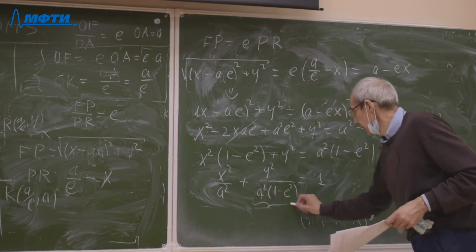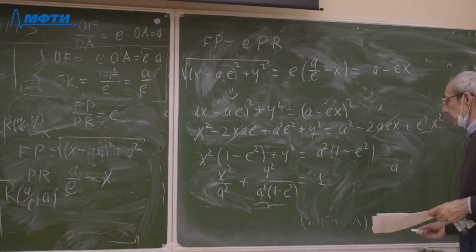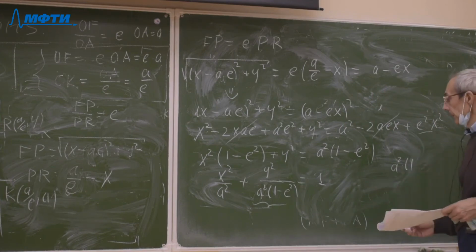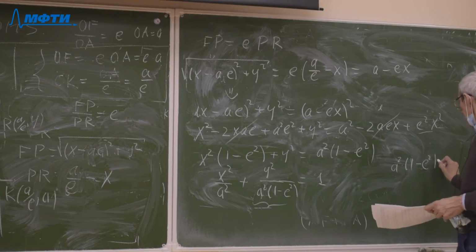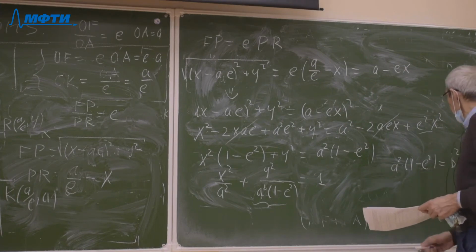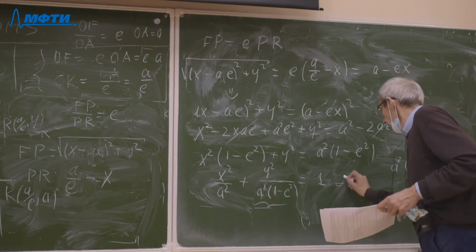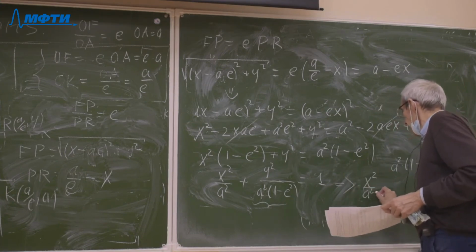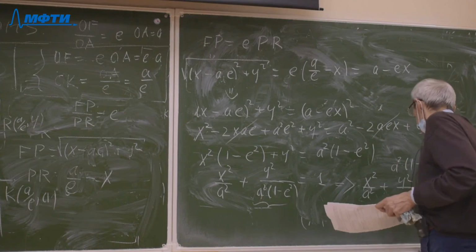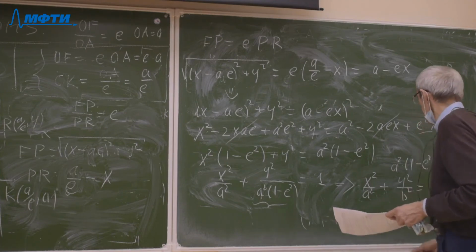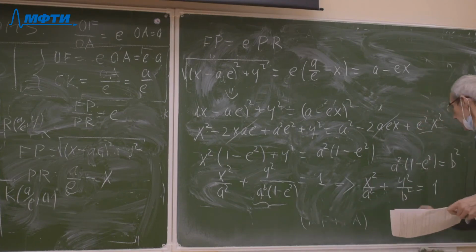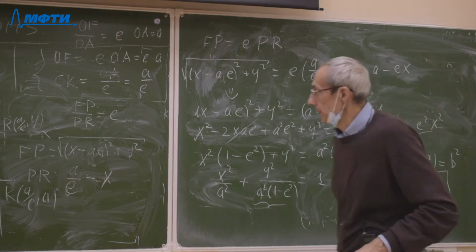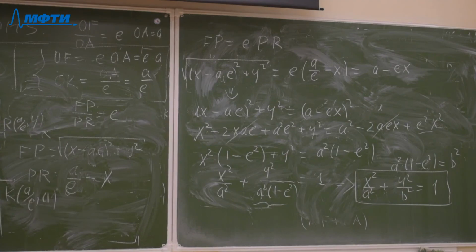Let's denote the product a square times (1 minus e square) by b square, and we obtain the following equality: x square over a square plus y square over b square is equal to 1, and we obtain the equation of an ellipse.